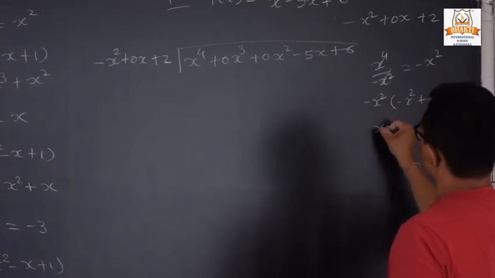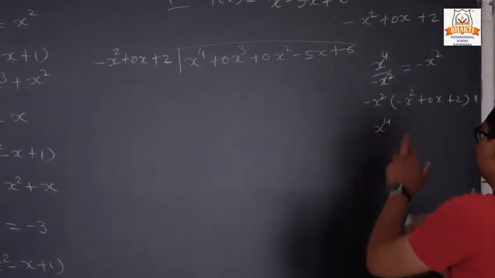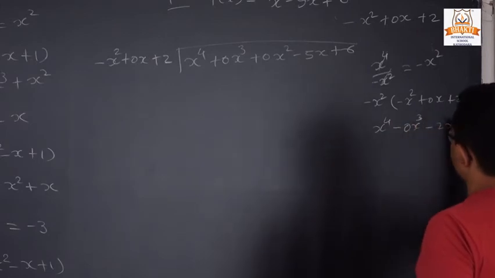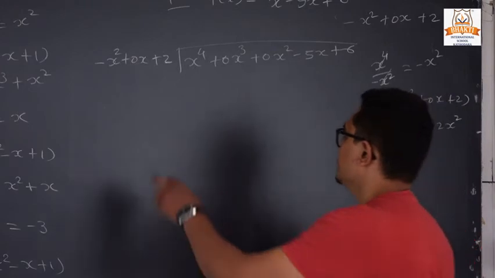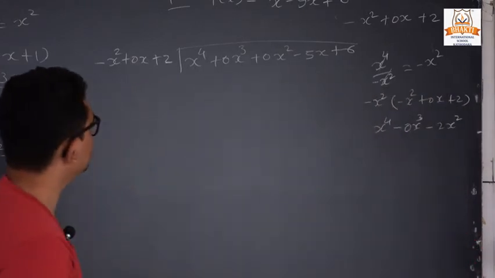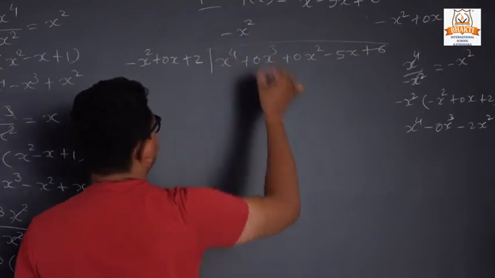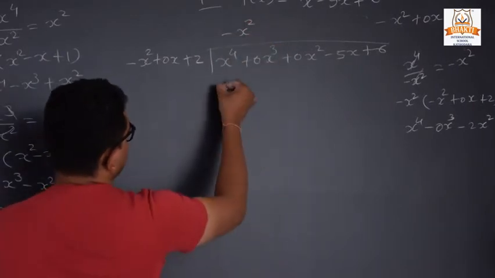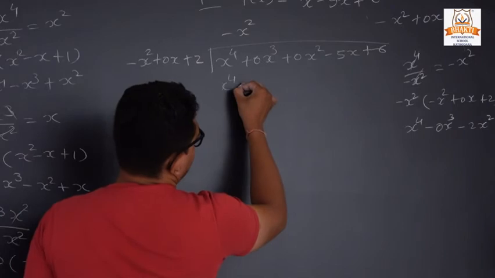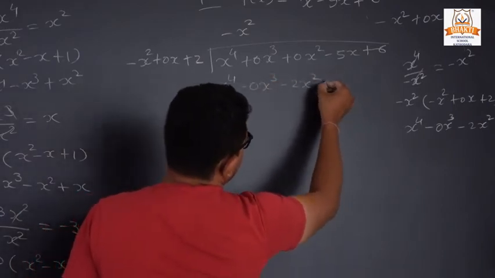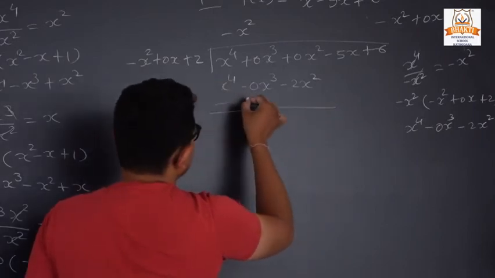So minus minus became plus. Then minus 0x cube and minus 2x square. So here we will put these three all values and answer minus x square. So x raised to 4 minus 0x cube, then 2x square, sign will be changed.